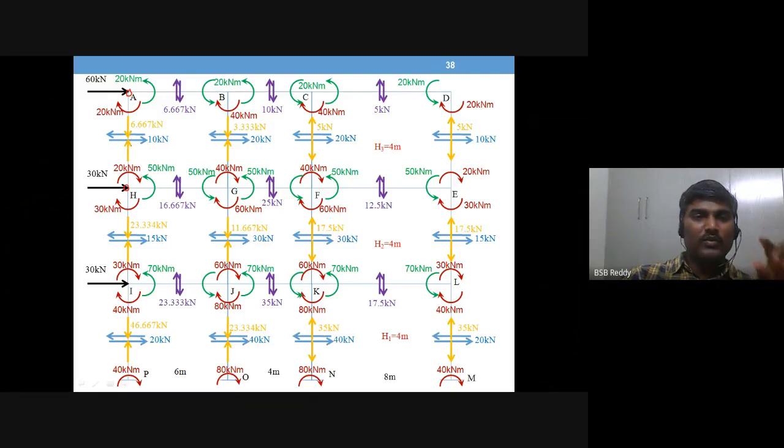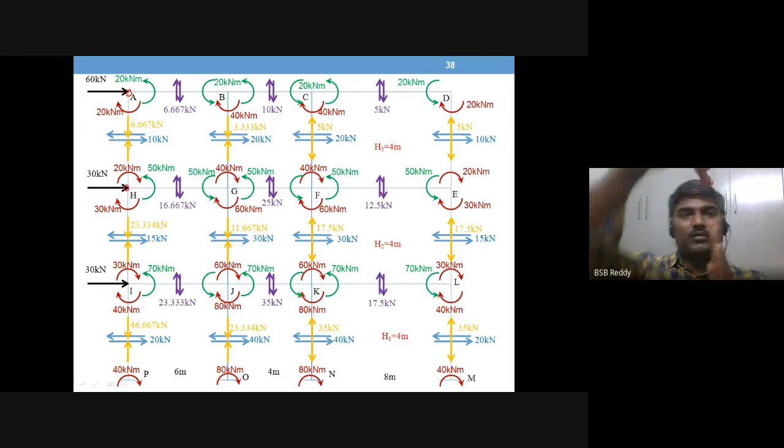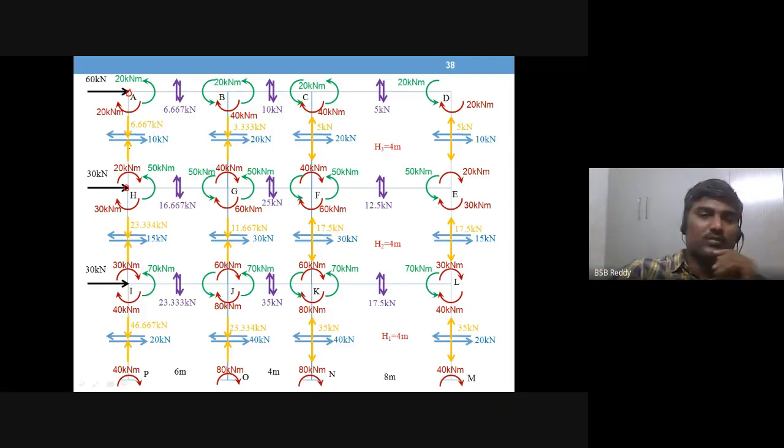So when you join those two portions of the column, half of AH above and half of AH below, the forces should vanish. That is the free body diagram concept, action and reaction. Similarly here, the arrows show that these two columns are different in nature in axial load, and these two columns are different in nature. So likewise it maintains the same.